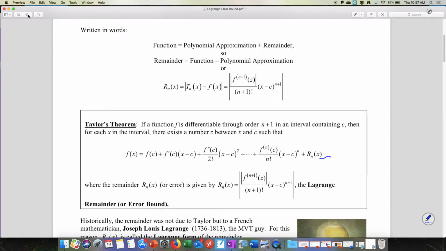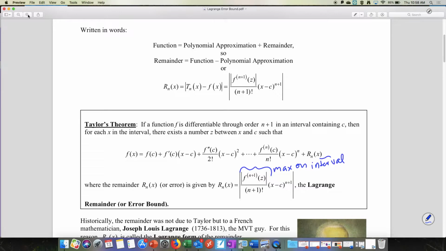What this is, it's the max on the interval. Whatever interval we're talking about, and by interval I mean we've centered at a number and we're using a different number to approximate it, boom, there's your interval. Whatever the max derivative would be, that's the number you're going to plug in there.